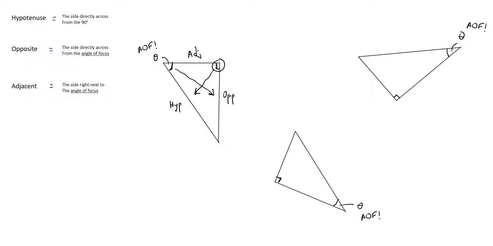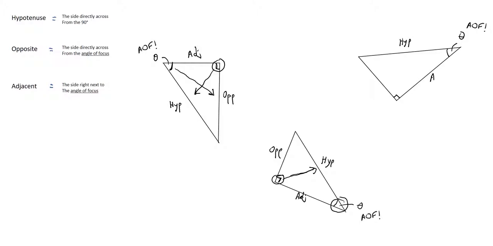For the one on the bottom, the one directly across from the 90-degree angle here, that makes this guy my hypotenuse. My angle of focus is here, so this one right here will be my opposite, the one directly across from that angle of focus, making this one the adjacent, the one right next to the angle of focus. And finally, for the last triangle, here's my hypotenuse.